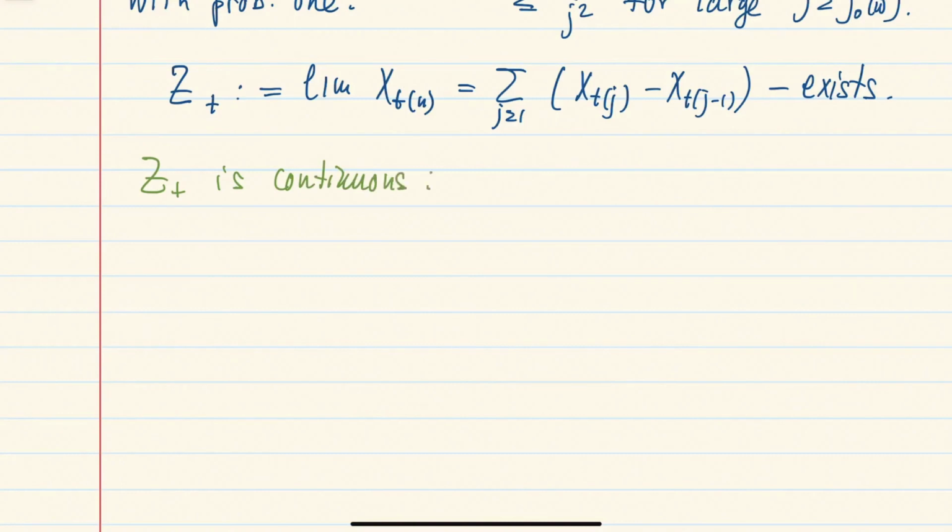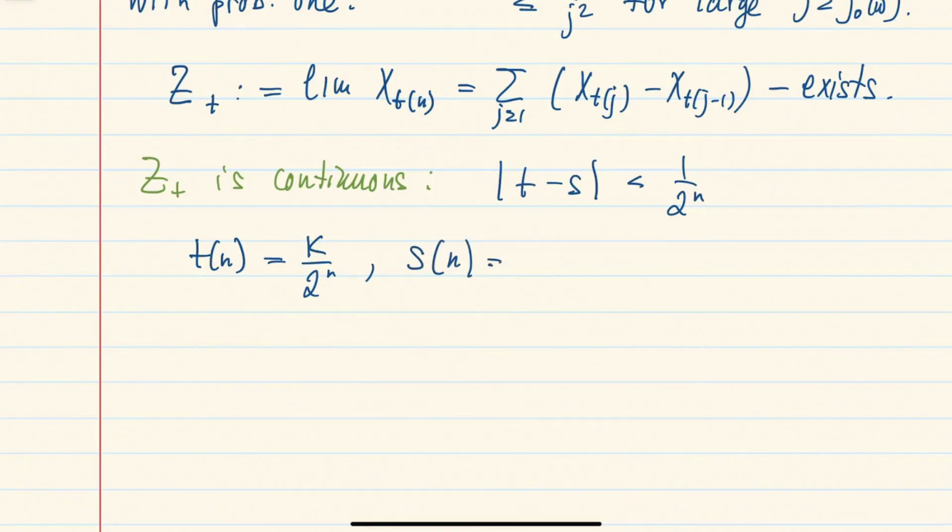Well, to show this, if you have two times t and s which are close to each other, so let's say they are less than 1 over 2 to the n, right? In particular, this means that if you take a dyadic approximation t_n, which will be something of the form k over 2 to the n, and you take a dyadic approximation of s, which will be of the same form, m over 2 to the n, the numerators here cannot differ by more than 1, right?